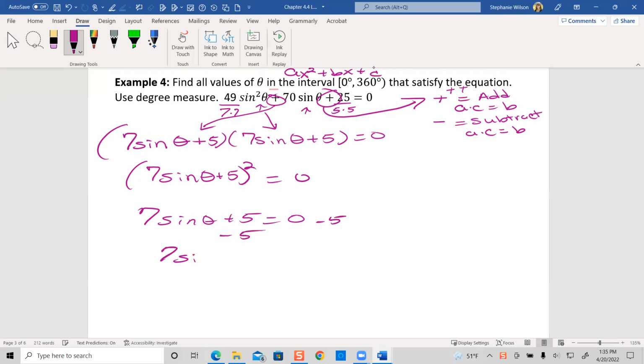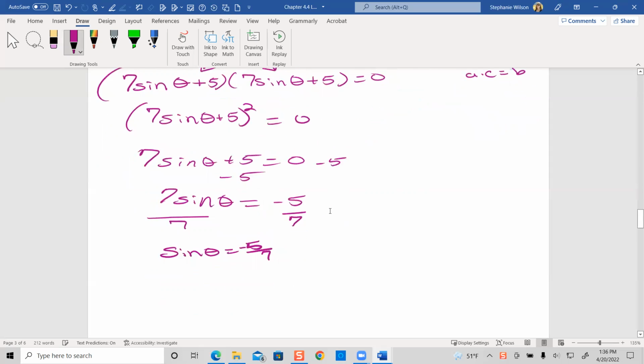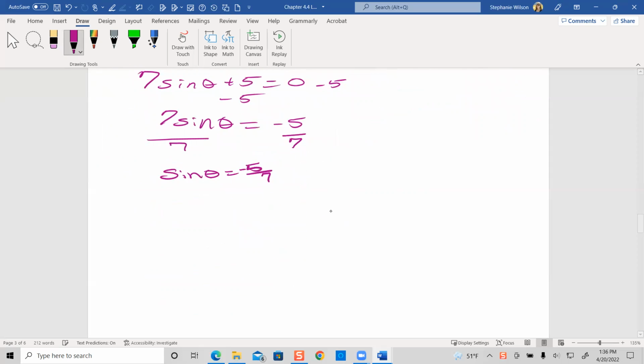So I got 7 sine theta, and I subtracted the 5 from both sides because I'm trying to get sine by itself. Actually, I want theta by itself, but it's attached to sine, so we got to go in that direction. And then we divide by the 7. So now I have sine theta equals -5/7.